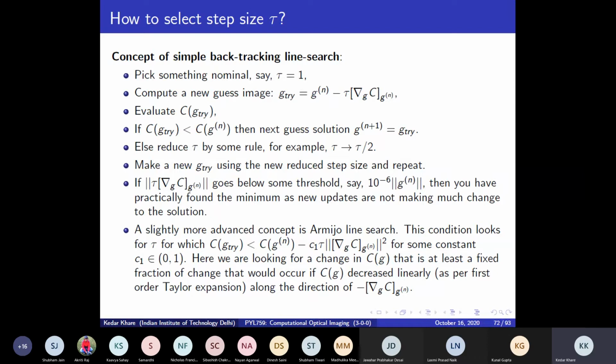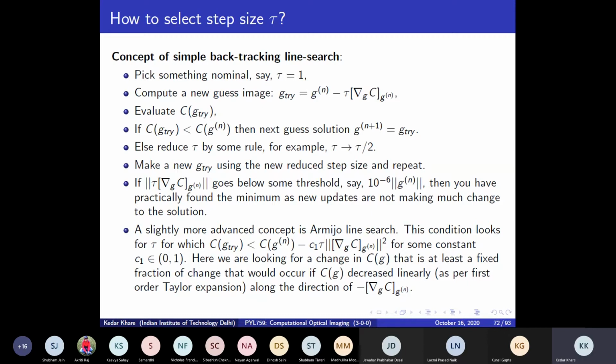Okay. There is a slightly more advanced concept, which I will not discuss in this class. There is an idea of what is known as Wolfe conditions. There are two Wolfe conditions, but I'm not going to discuss that. In the beginning of class, I had mentioned this book on convex optimization by Nocedal and Wright.